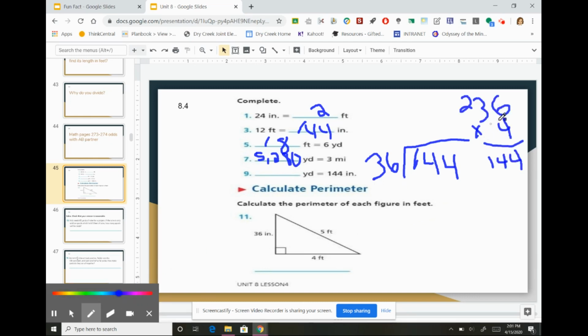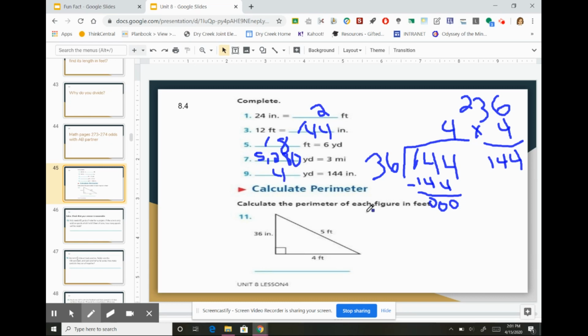So I multiplied 36 times 4. 6 times 4 is 24. Carry my 2. 3 times 4 is 12. Plus 2 is 14. Oh, look, exactly 144. So I went in 4 times. Minus 144, and that's going to give me 0. So my answer is 4 yards.